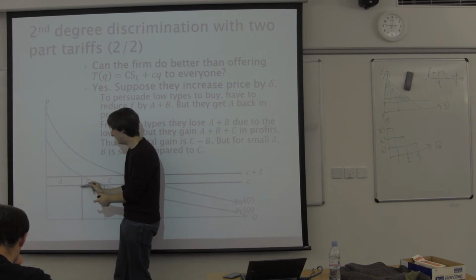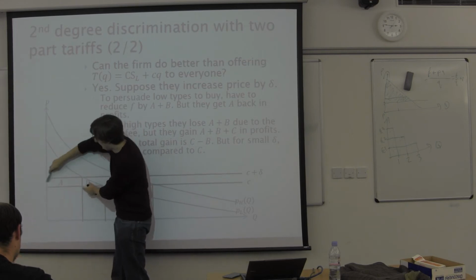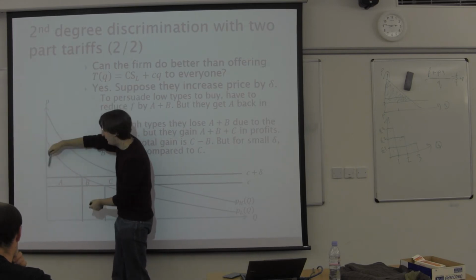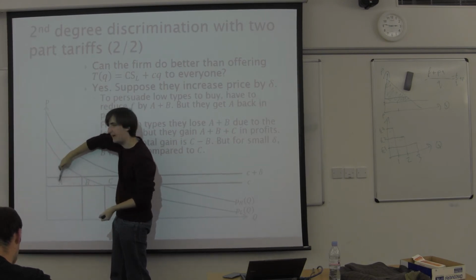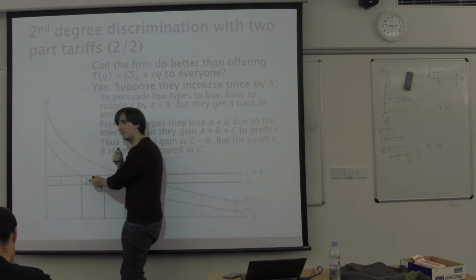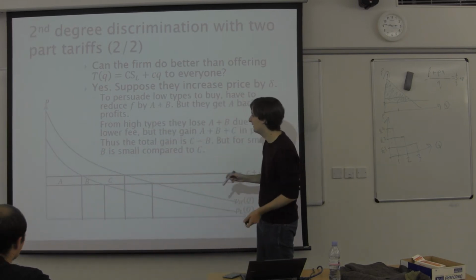But because the firm's now pricing above marginal cost, they now get some producer surplus, which is this area A. So from the low value consumers, the firm has lost A plus B and gained A back, meaning they've just lost B. And we do the same thing to the high value consumers.